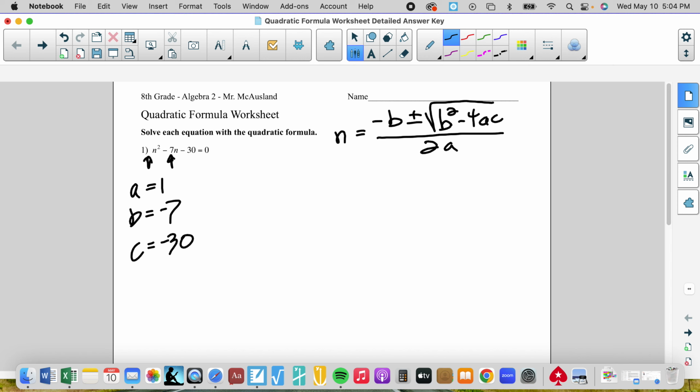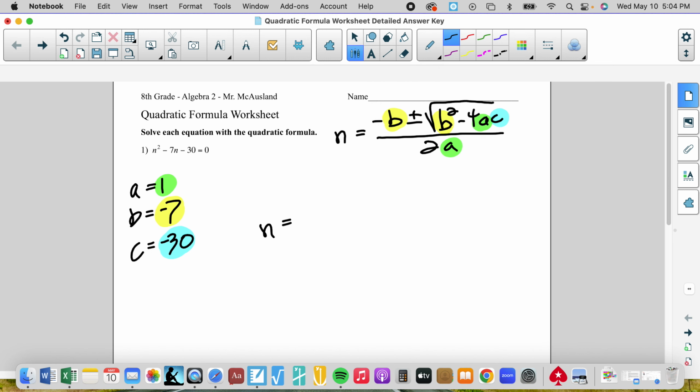I'm going to utilize those values when I plug in. Wherever I see a b value, I'm going to plug in -7. Wherever I see an a value, I'm going to plug in 1. And wherever I see a c value, I'm going to plug in -30. So I'm just filling in for those variables.